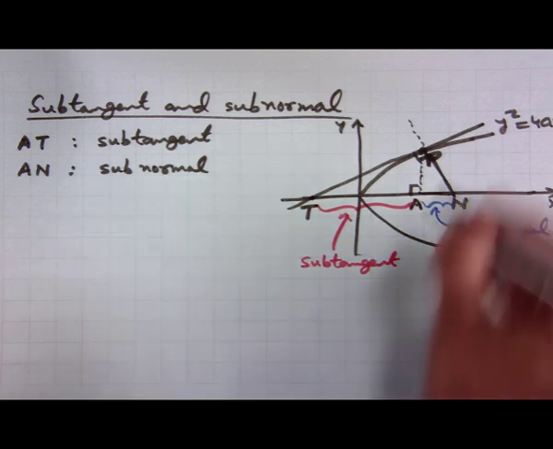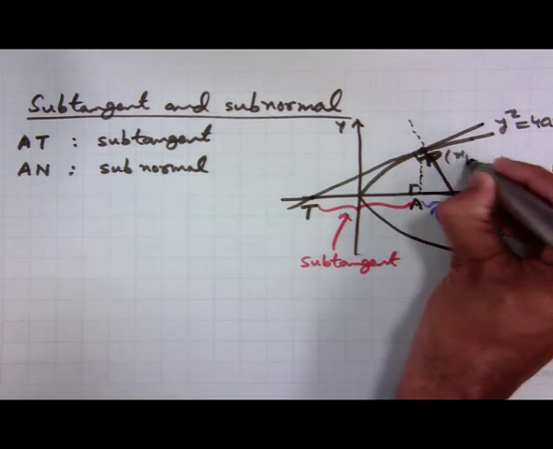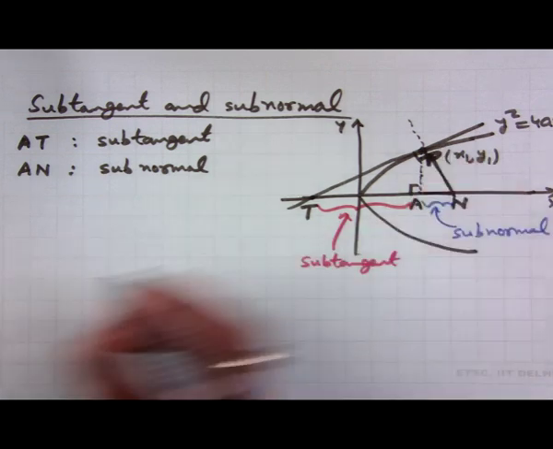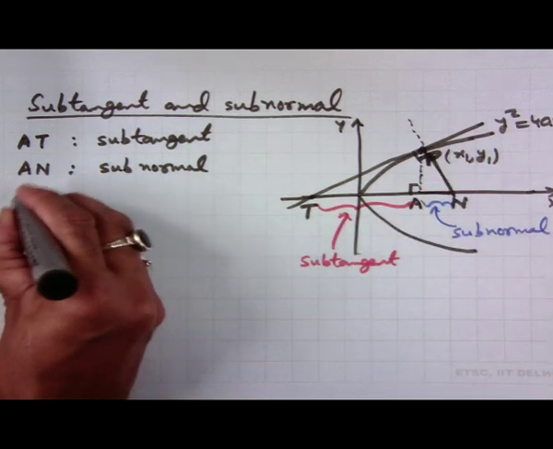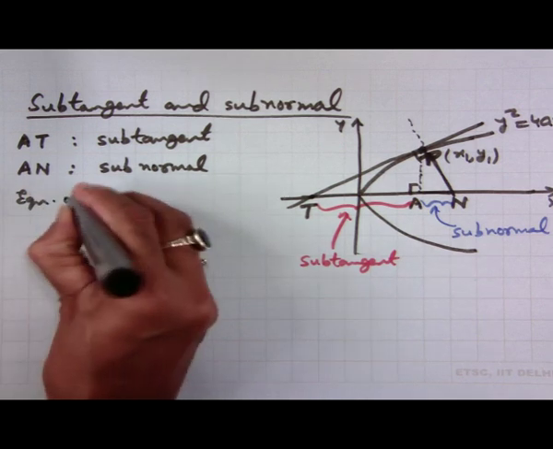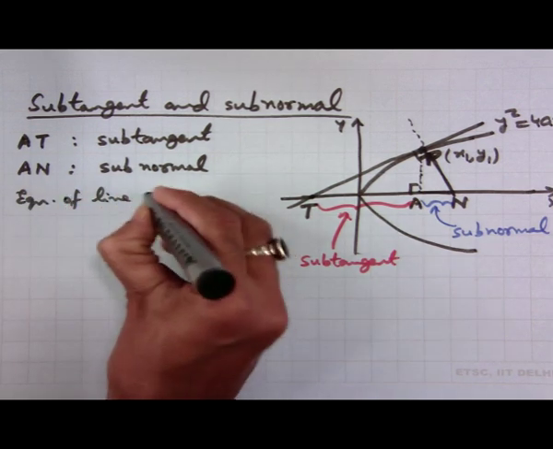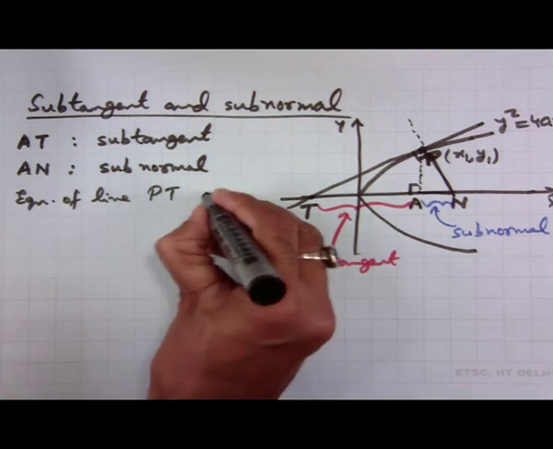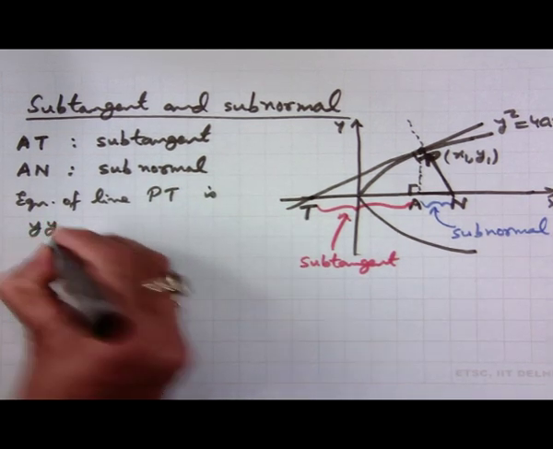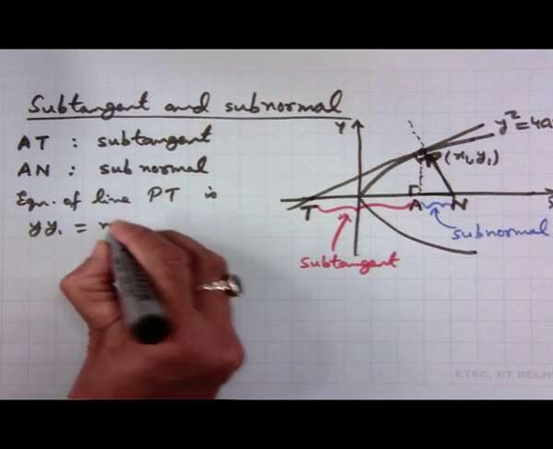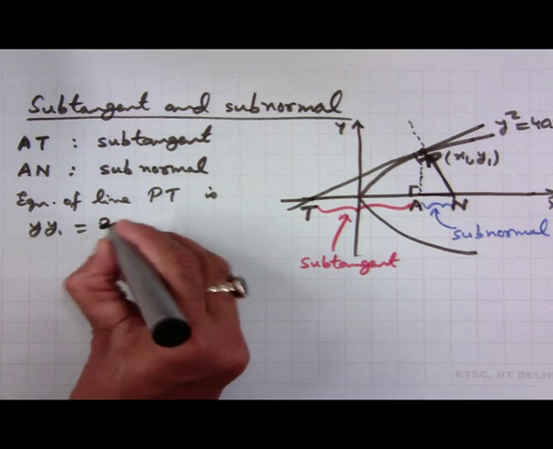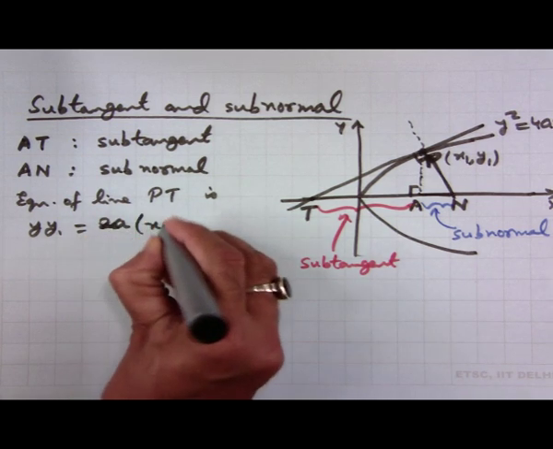So, if we take the coordinates of point P as x 1 y 1, we know the equation of the tangent line PT is y y 1 equal to 2a times x plus x 1.